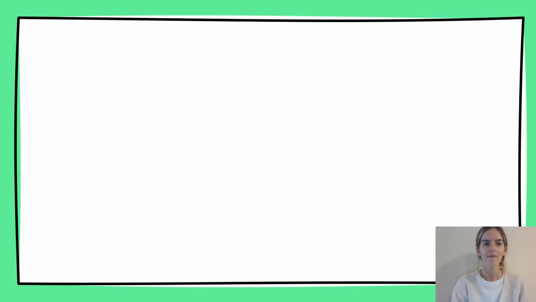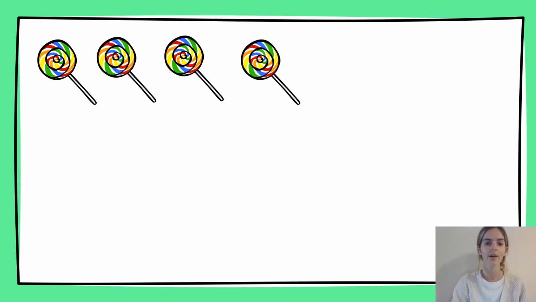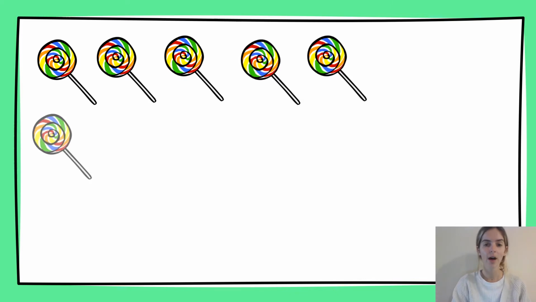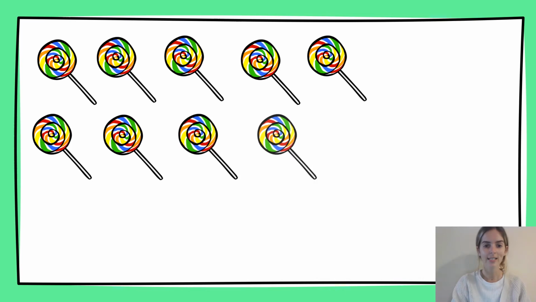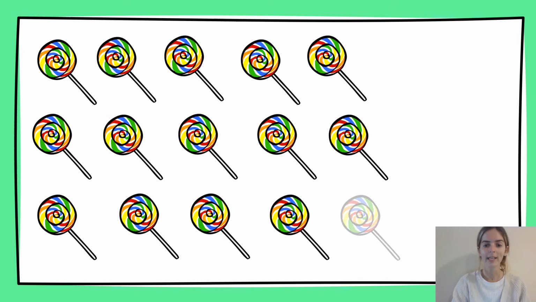Okay, so I have 15 lollies. I've got 1, 2, 3, 4, 5, 6, 7, 8, 9, 10, 11, 12, 13, 14, 15. And we want to take 7 of those away.